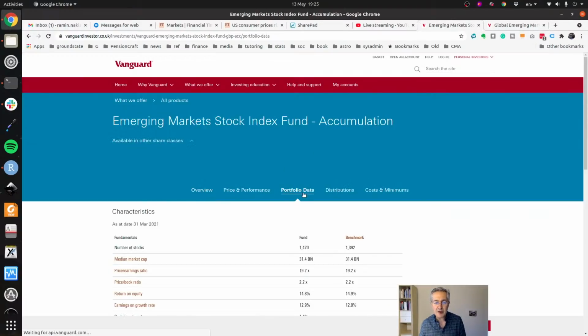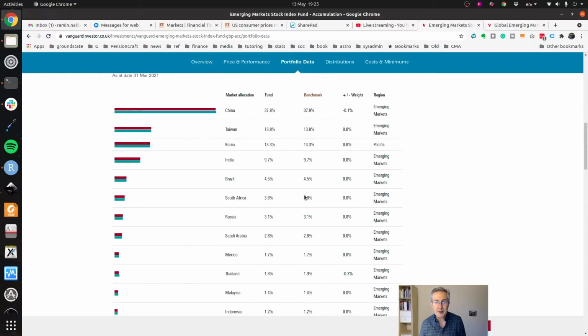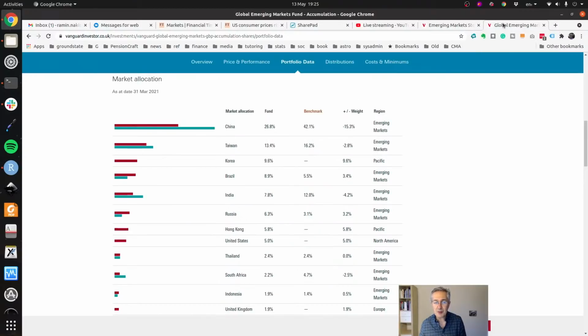If we go to portfolio data for the passive one, the China exposure is about 38%, same as the MSCI EM benchmark. Taiwan 14%, Korea 13%, because ridiculously MSCI thinks South Korea is an emerging market.